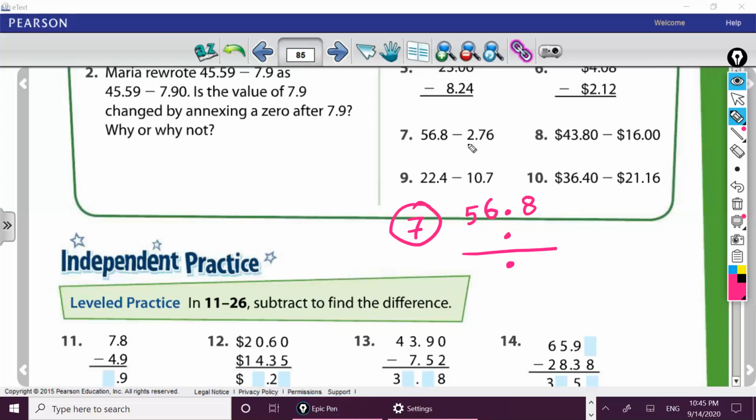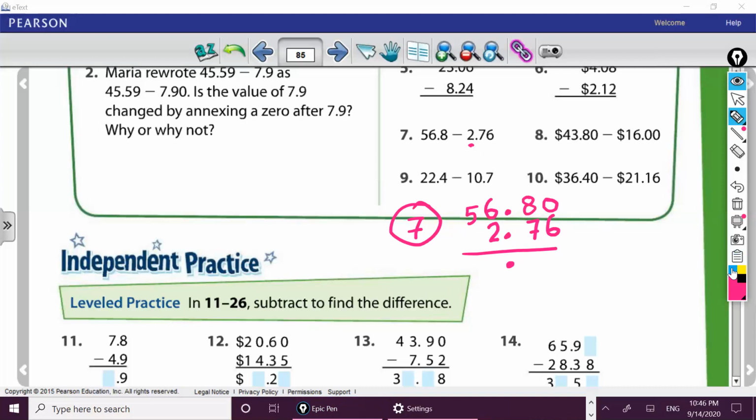And here I have 2, only 2. Under which place? The ones place. So I will write 2 under the ones place, and I have 7 under the tenths place and 6 under the hundredths place.